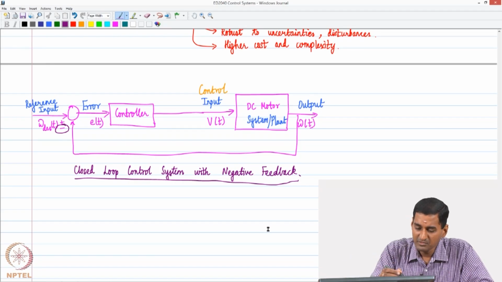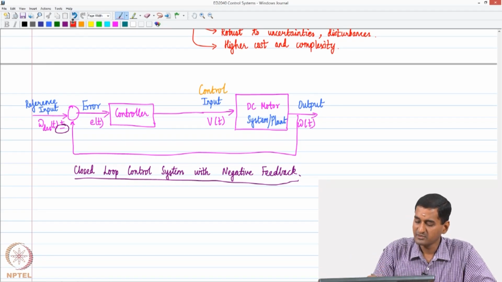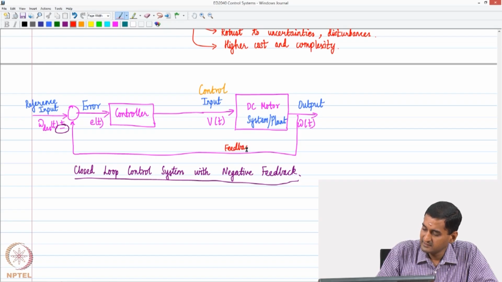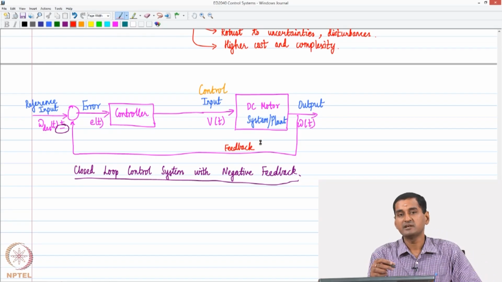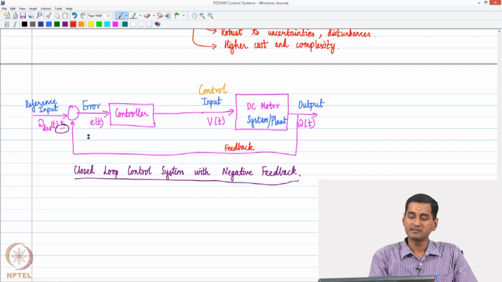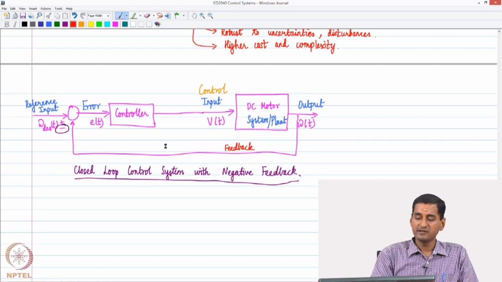Okay. So, some more terms that I want to introduce here: this process of essentially taking this output measurement and giving it back is what is called feedback. This is what is called a feedback path. Typically, we can have a mapping in the feedback path.